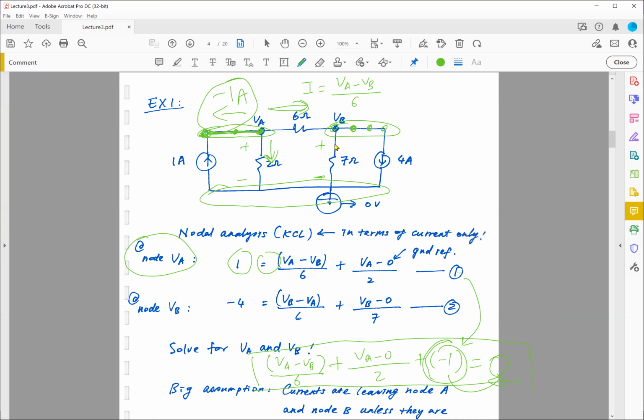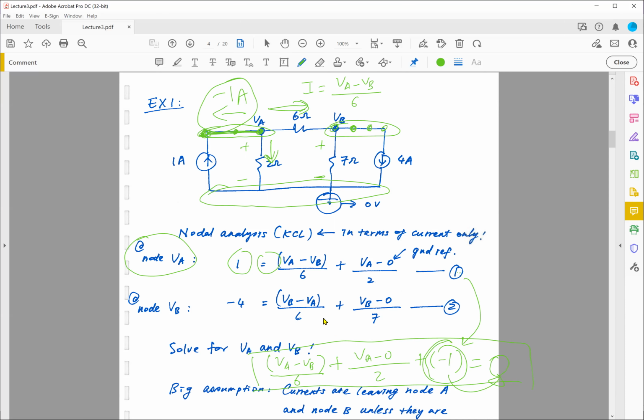So for node B, I'm going to do exactly the same. So now I'm over here. I need to consider again 3 currents leaving the node. By the same token, I have VB minus VA, the voltage drop across the 6 ohm, divided by 6 ohm.